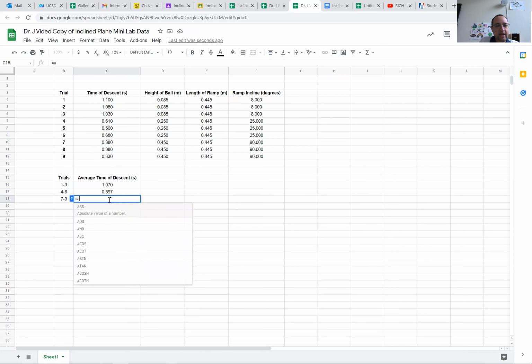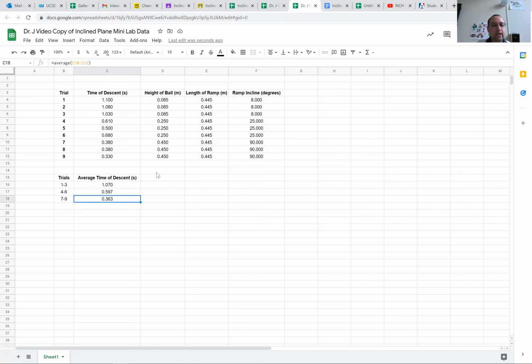So equals average, C10 through C12. Okay, boom, like that. All right. No, something's wrong. Oh, it says C10 minus C12. Sorry, it needs to be a colon. C10 through C12. There we go. Okay. So even I can mess up sometimes. So you use the colon to define the range.